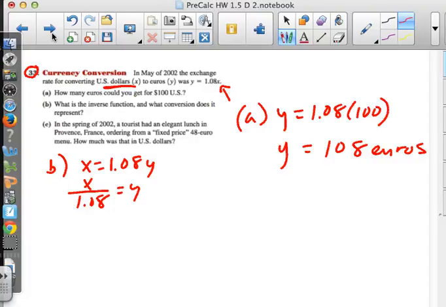We would just punch in 1 divided by 1.08, and that would be approximately 0.926 for y, but we wouldn't have to. We could leave that, and it would be more exact if we leave it as it is. That's x over 1.08 equals y. Now, this would actually be what we would use to convert euros to dollars.